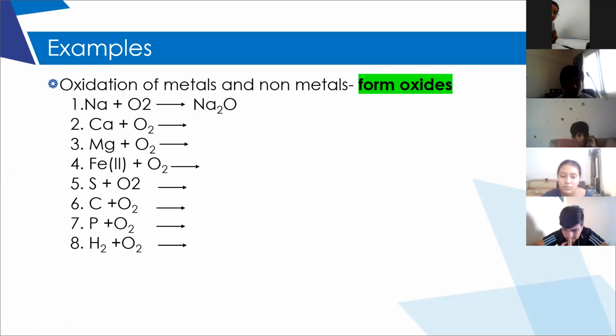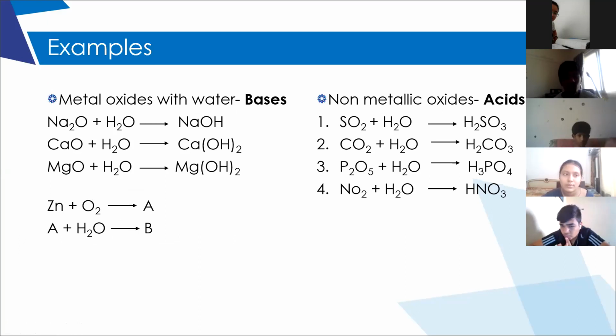Whereas element plus nitrogen, binary compounds of elements and nitrogen, we will get nitrides. Clear? All these reactions are examples of element plus element combination reactions: formation of oxides, formation of nitrides, formation of hydrides.